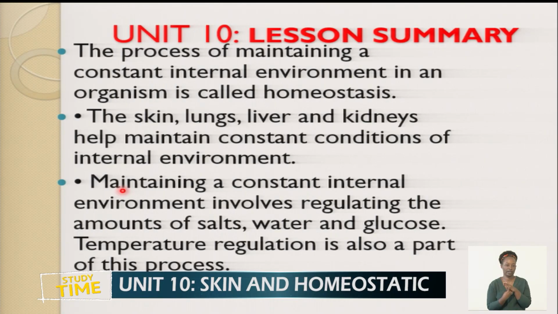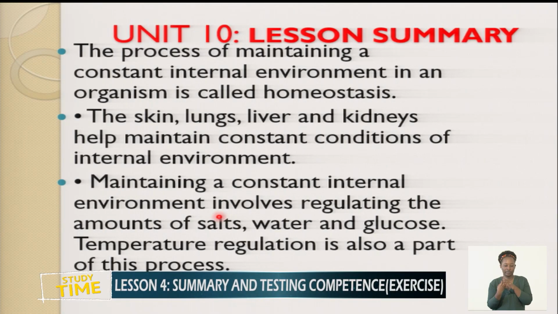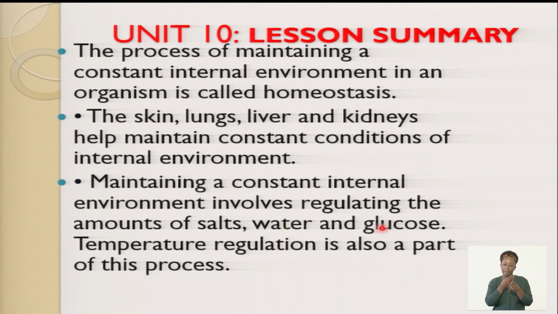Maintaining a constant internal environment involves regulation of the amount of salts, as I mentioned. There must be regulation of salts, water, glucose, and temperature as well. So we have a number of things that have to be regulated.